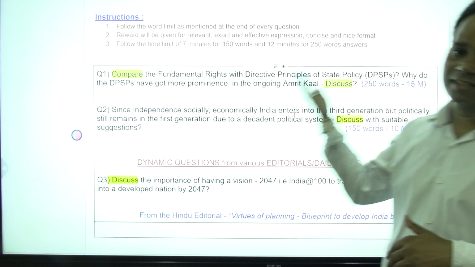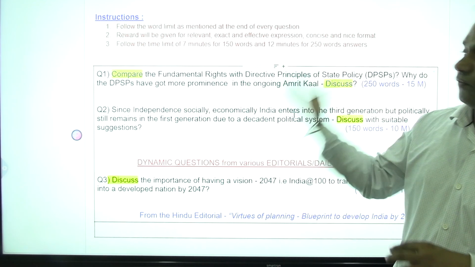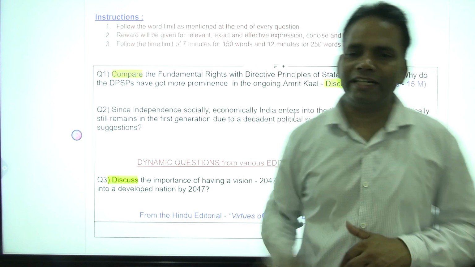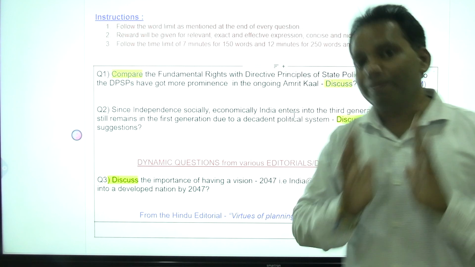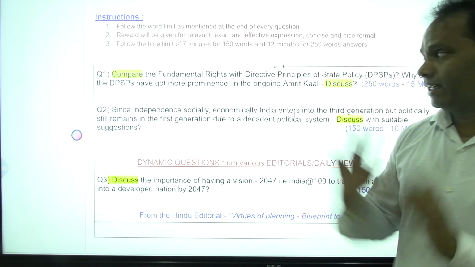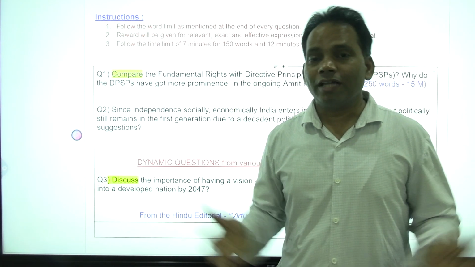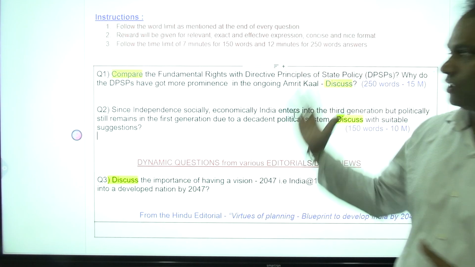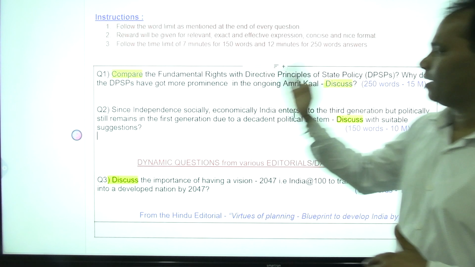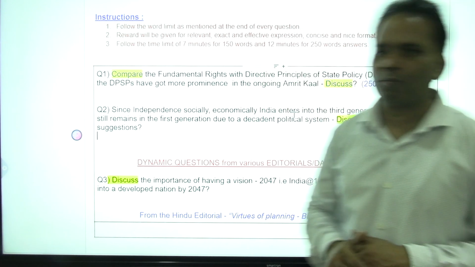This is from Articles 36 to 51. Both are very, very important parts of the Indian Constitution. Both are aiming at each other. Both are aiming to create a welfare state. Both are mutually interdependent, mutually not exclusive. This is what the similarities are between the FRs and the directive principles of state policy.